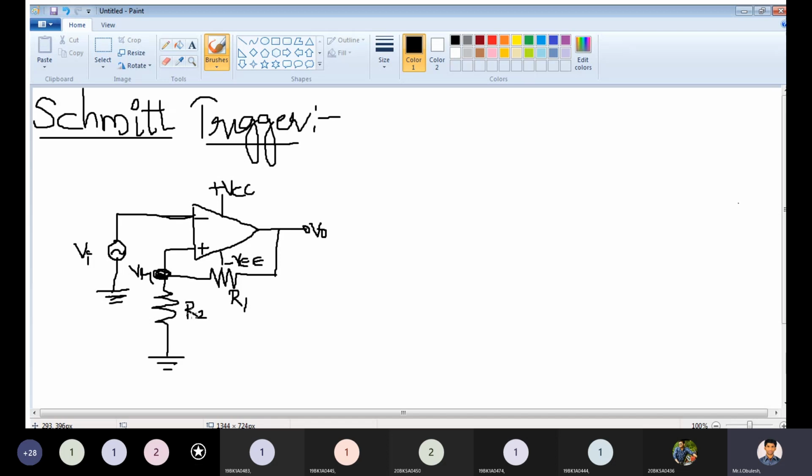But the voltages at which it changes its state can now be controlled by both R1 and R2. Thus, V reference can be obtained as per the requirement.